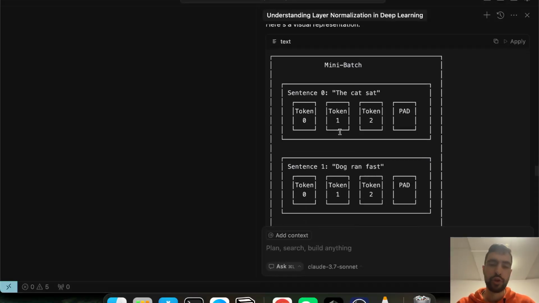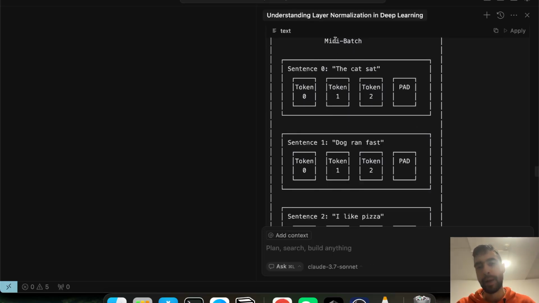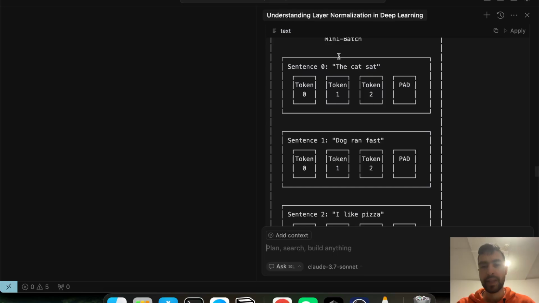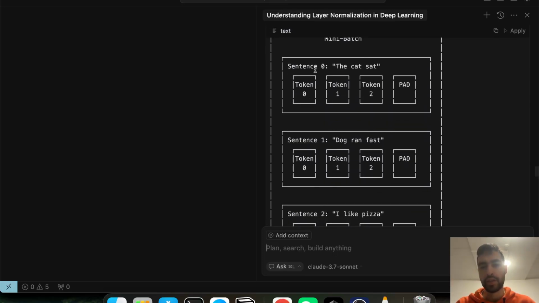Here we have some drawings to understand batch normalization. We have a batch, or what they call a mini batch. It's a group of sentences. Actually, this is a group of context windows, but to simplify it, let's say it's just one sentence each.